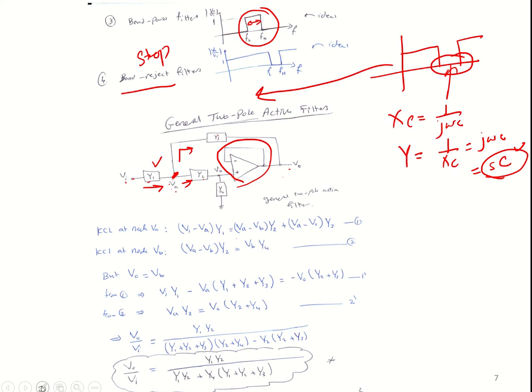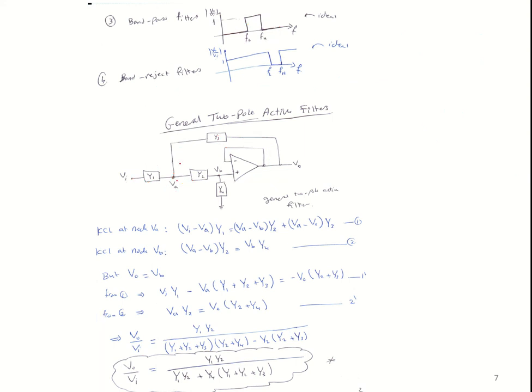The outgoing currents will be VA minus V naught multiplied with this admittance plus VA minus VB multiplied with this admittance. We can write one nodal equation at VA and another nodal equation at VB, and if we do the simplifications, finally we can get this transfer function for this two-port active network.